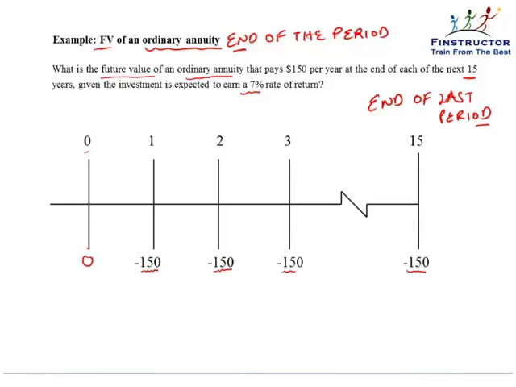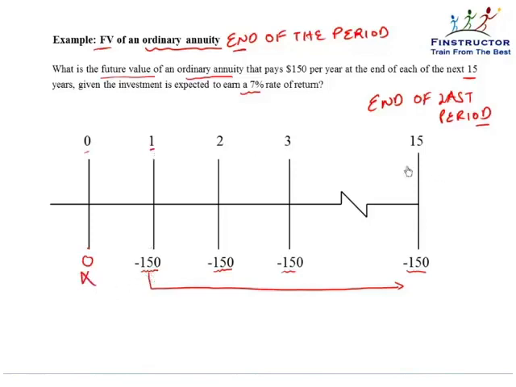Now, a good method would be to see the 15 payments one at a time, compute the future value of each payment, and sum them all up to get to the future value of my annuity. So what will be the future value of the first payment of $150? Please note that this $150 is not coming at t equal to 0. It's coming at t equal to 1.